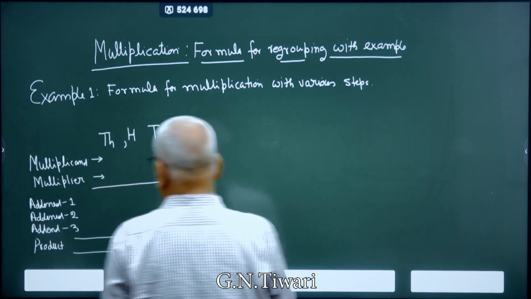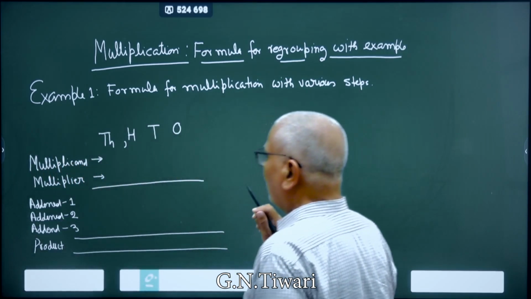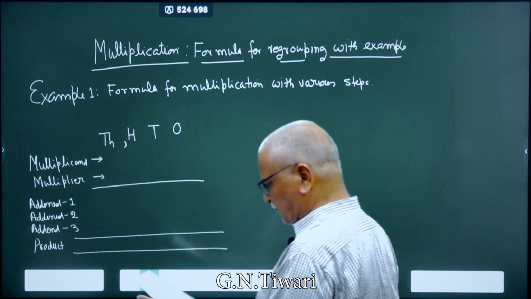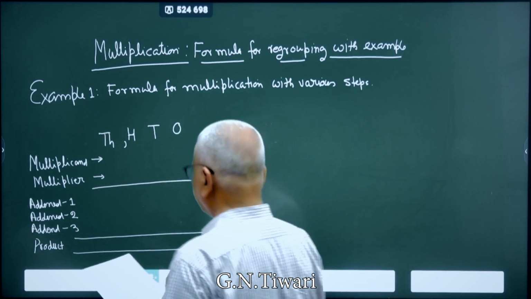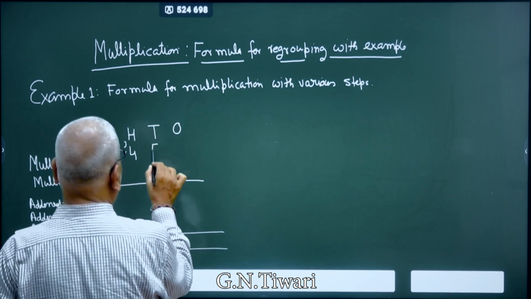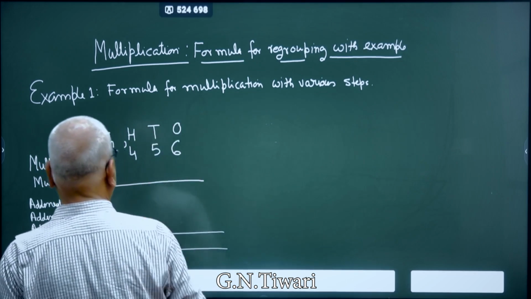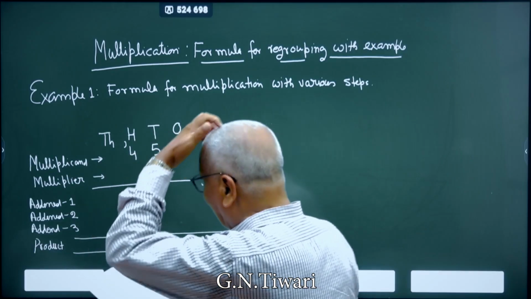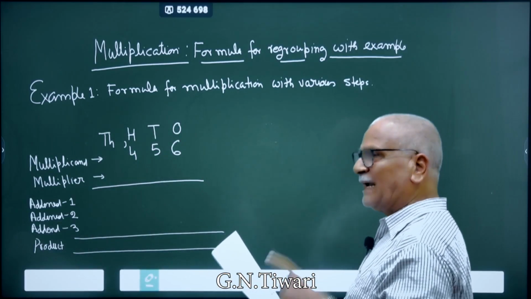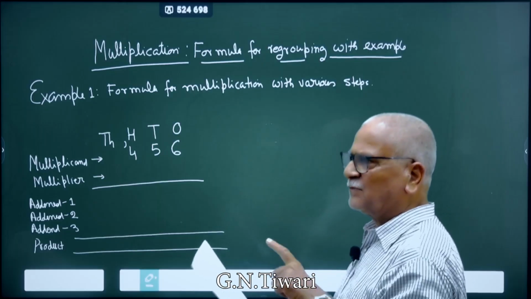Be careful here. There is a 3-digit number. I will just give the example of 456. And we are going to multiply by a 3-digit multiplier, because this is a general formula I am writing.